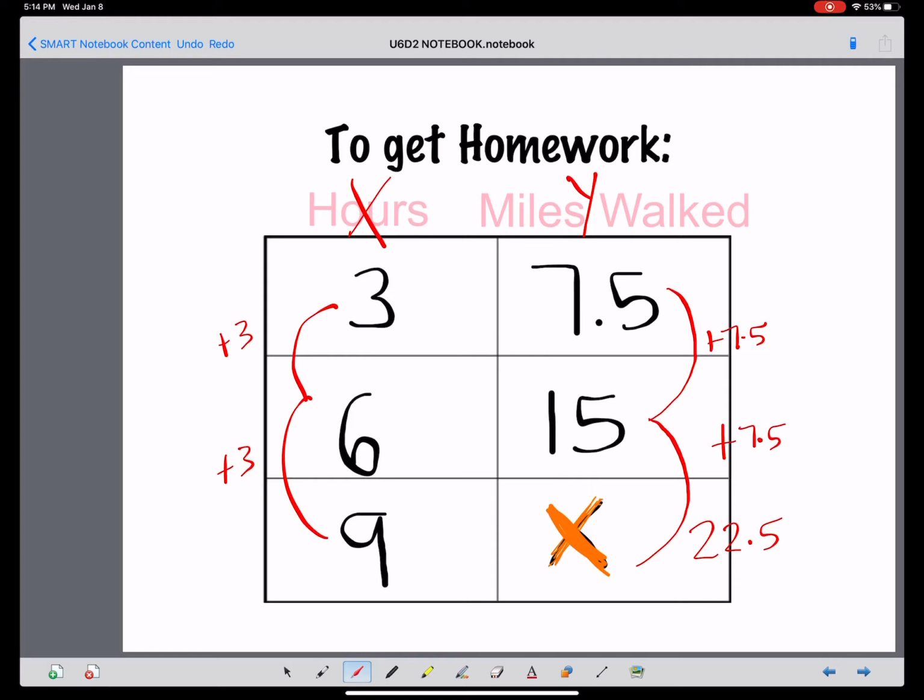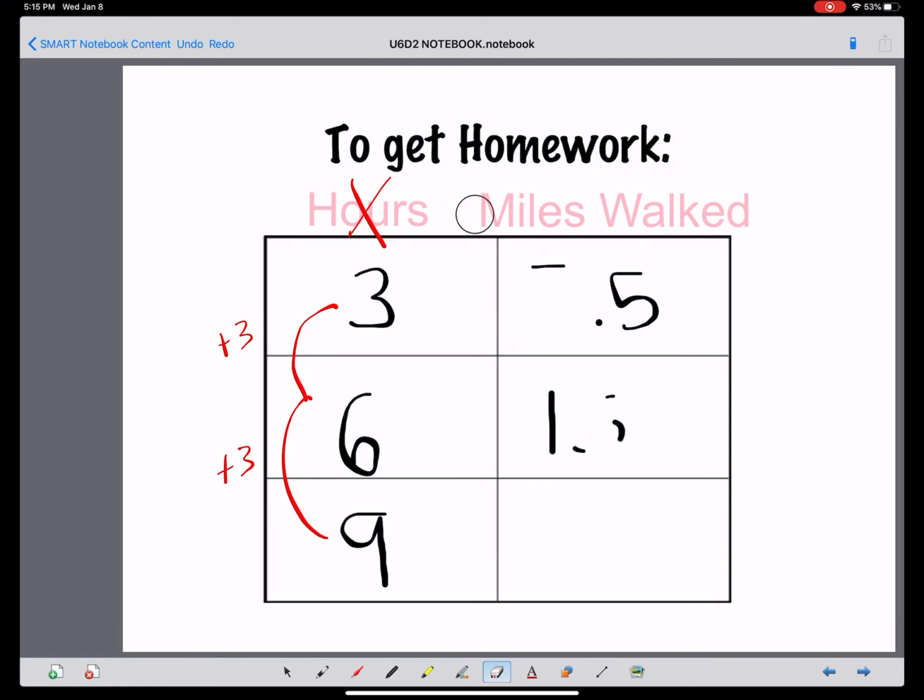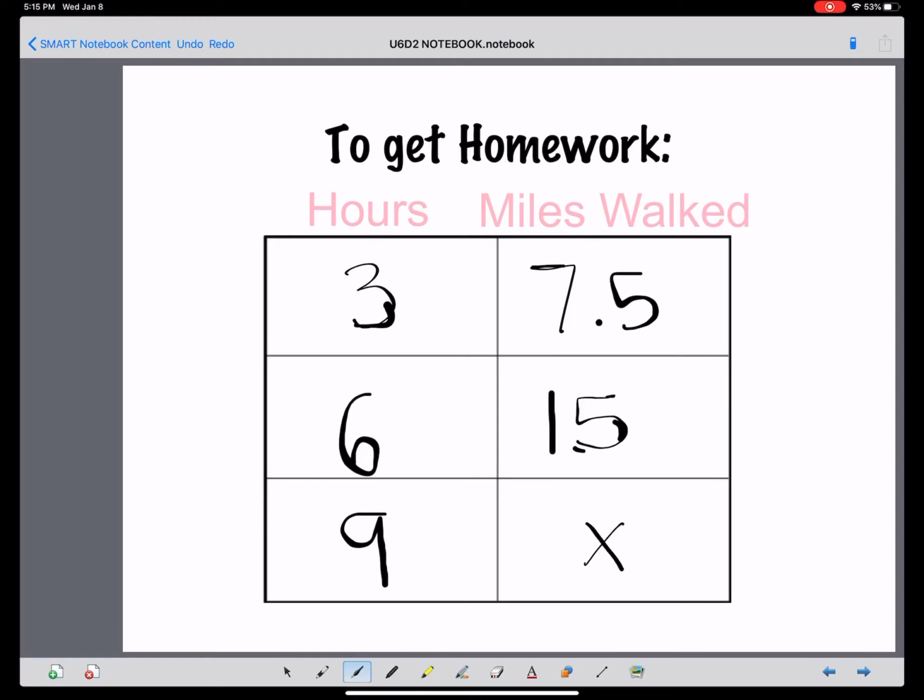Another way that you could do this is if you wanted to find what the constant is first. So what we would do in order to find the constant is we take our y value first and we divide it by our x value. We go back and draw those in. Here's our x values, here's our y values.